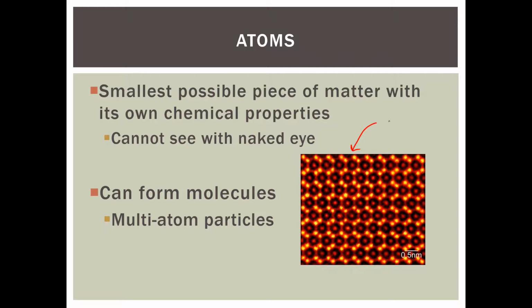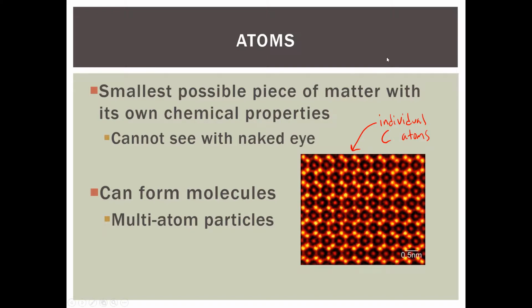And those are individual carbon atoms. Okay, so we've got microscope technology now that can see individual atoms. It's kind of strange, but that's what this carbon sheet looks like.